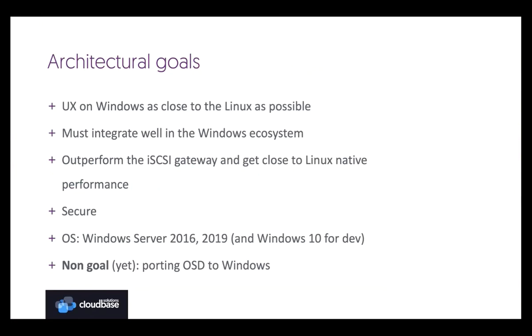In terms of platform support, we wanted Windows Server 2016 and 2019 as the default, and of course it will also support the upcoming 2022 version. It also works on Windows 10 for development purposes, and it could theoretically work on previous versions, but we don't plan to support those at the moment.